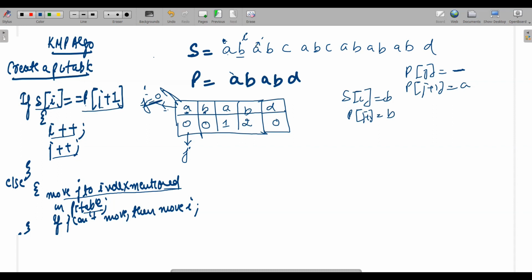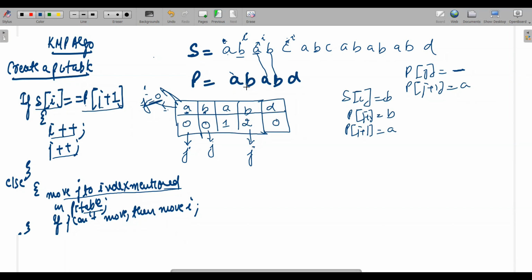So I comes over here and J comes over here. Then again, you are going to check S of I, which is A, compared with P of J plus 1. Earlier, P of J plus 1 was B. Now it is A. A is matched with this. Obviously, there is a match. Now your I will point over here and your J will point over here, right?